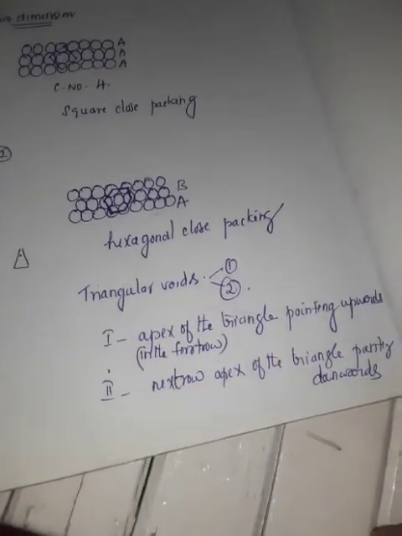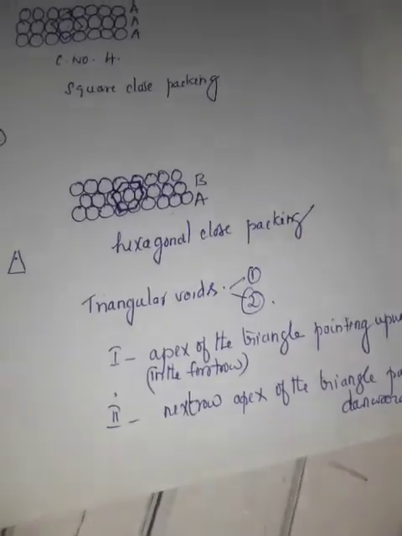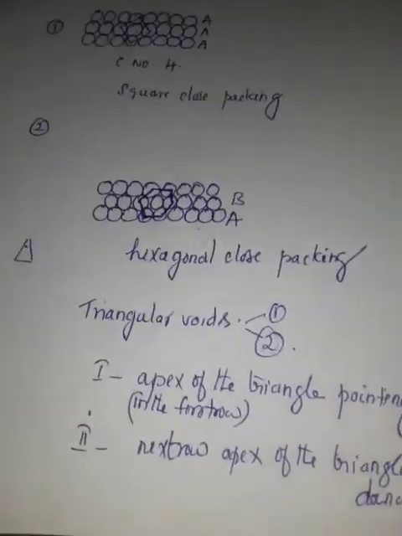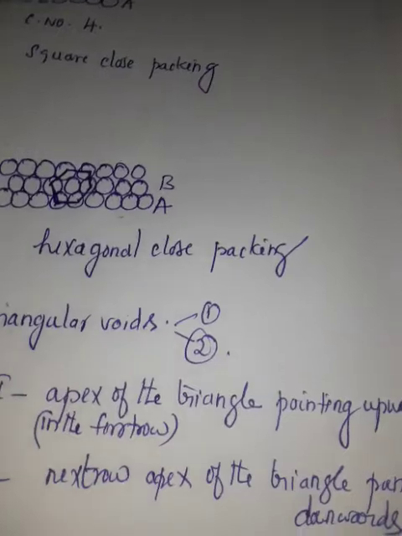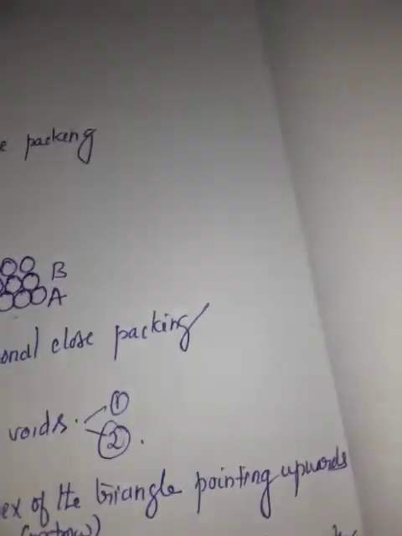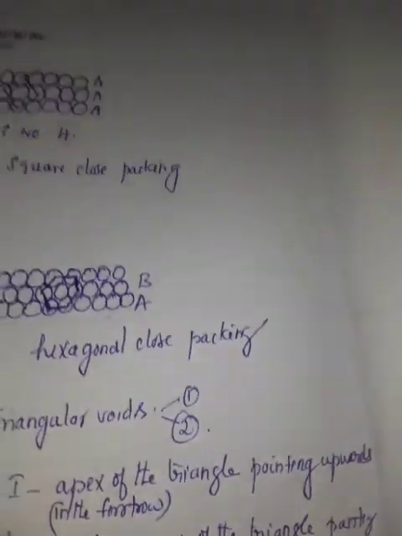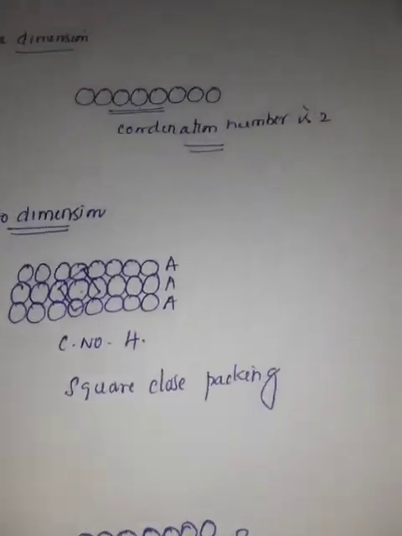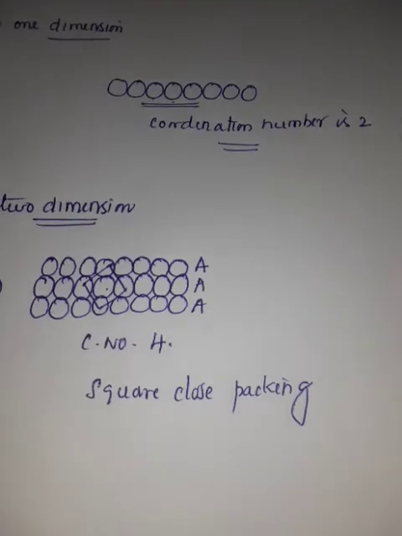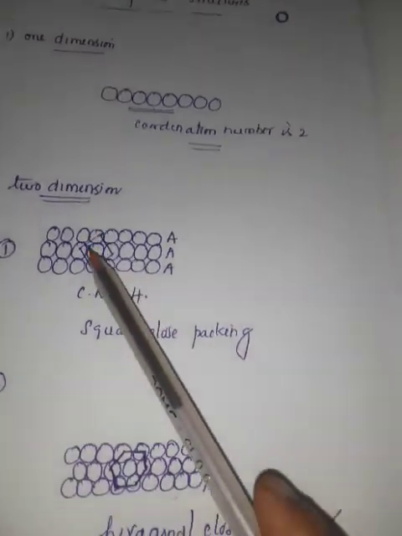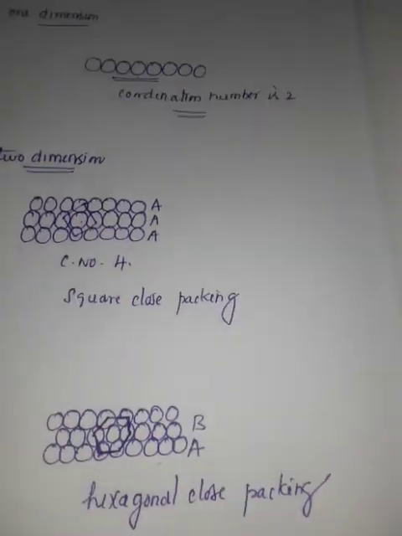Now before going to 3 dimension, which means length, breadth and height, let us revise 1 dimension and 2 dimension. 1 dimension means there is only one possibility. But in 2 dimension there are 2 possibilities.